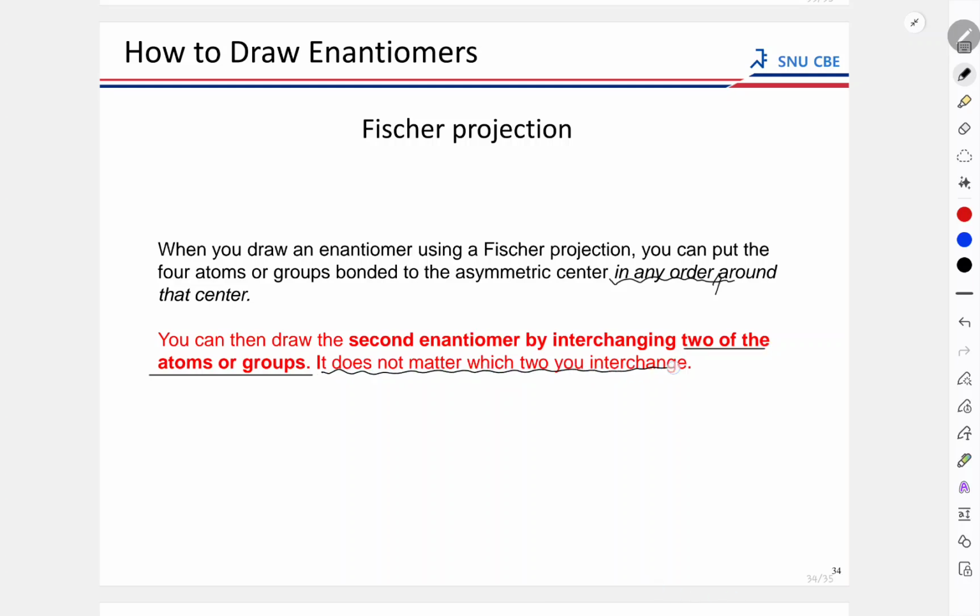For instance, in this case, 1 with 4, that will give you a second enantiomer. Or 1 and 3, 2 and 4, 1 and 2, everything is fine. Just interchanging 2 of the groups will give you a second image or enantiomer.